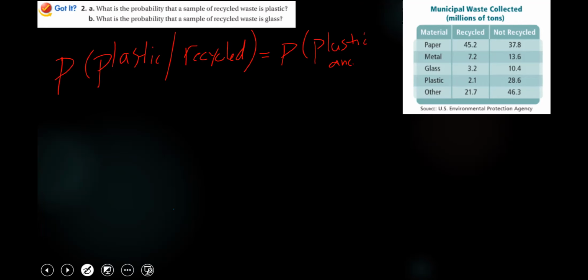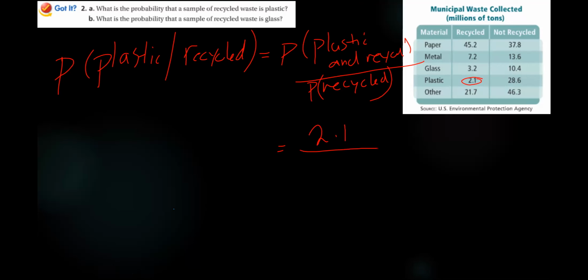So it is the probability of plastic and recycled over the probability of recycled. What is the probability of plastic and recycled? It is 2.1 over the probability of recycled, the one that we added before, 79.4.